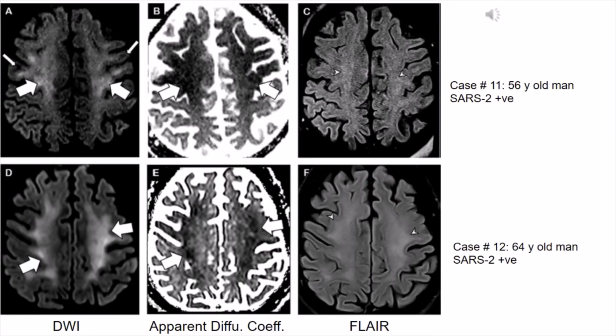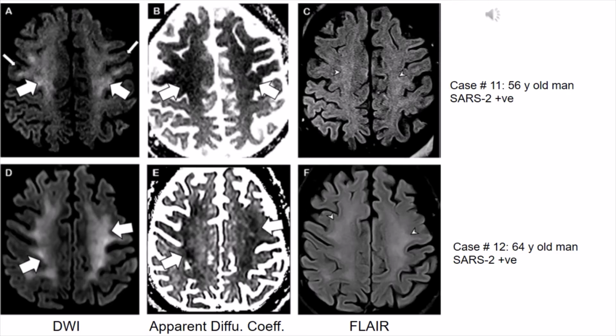Case 11 and 12. Brain MRI in 2 critically ill SARS-2 patients with persistently depressed mental status, including a 56-year-old man, image A to C, and a 64-year-old man, image D to F. Axial diffusion weighted, A and D, apparent diffusion coefficient, B and E, and FLAIR, C and F, images at the level of centrum semiovale in both patients demonstrate symmetric diffuse T2 FLAIR hyperintensity, arrowheads, and mild restricted diffusion, thick arrows, involving the deep and subcortical white matter with relative sparing of juxtacortical white matter, thin arrows.